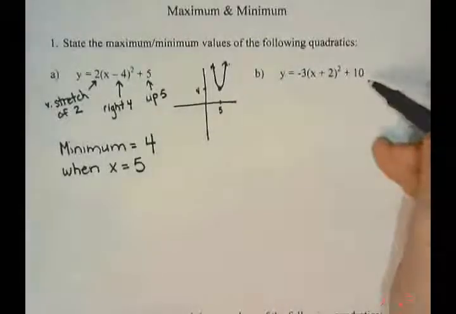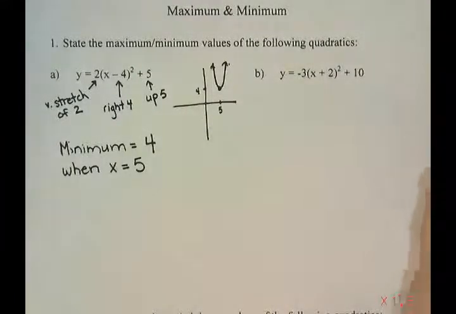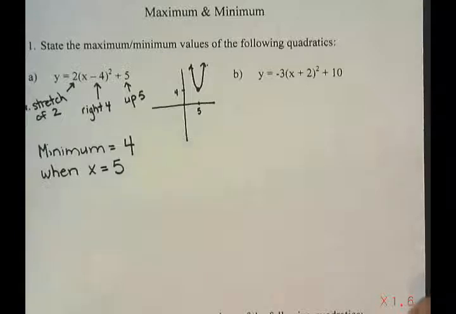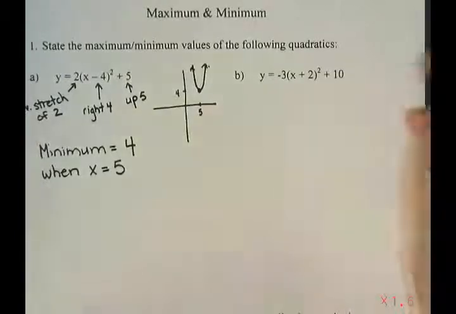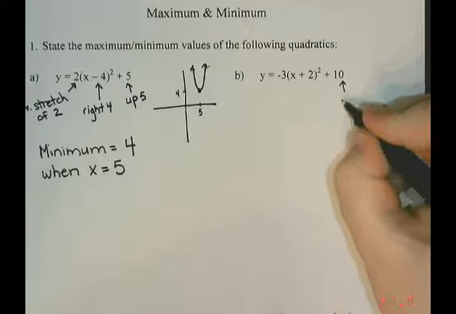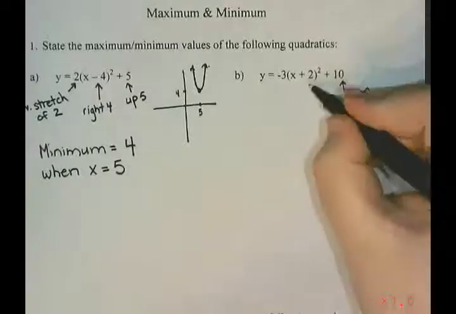If we take a look at the next one, we have y equals negative 3 times (x plus 2) squared plus 10. So I'm going to start by doing the transformations. I'm going to draw a little bit of a sketch, and then I'm going to look to see if it has a maximum or a minimum and what the value might be. So this plus 10 means my graph is moving up 10 from 0, 0.